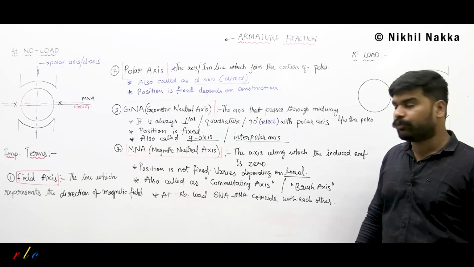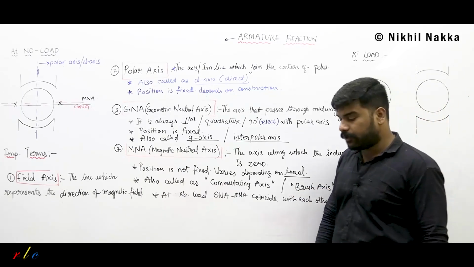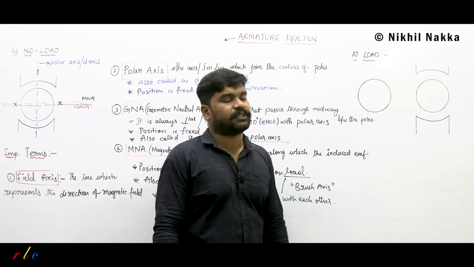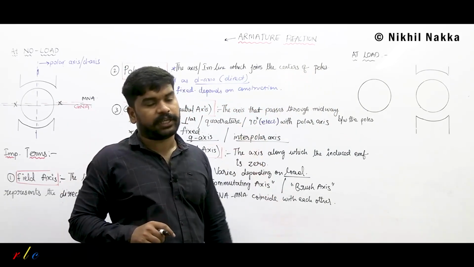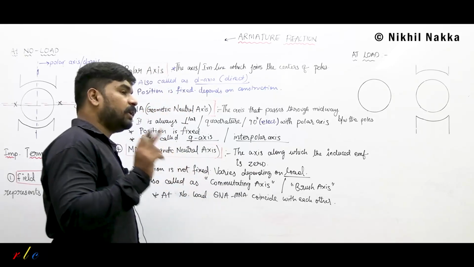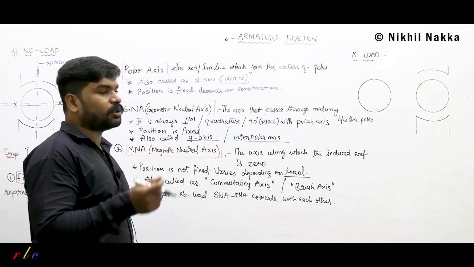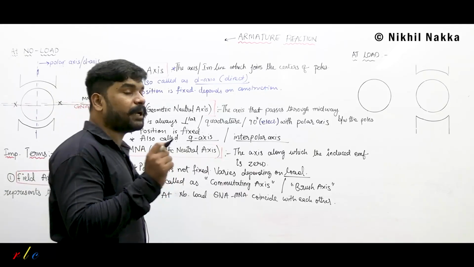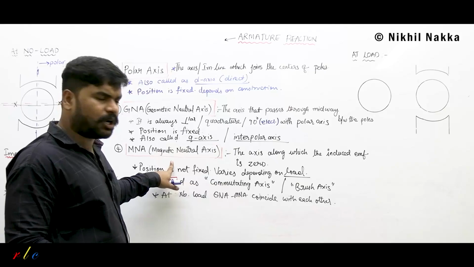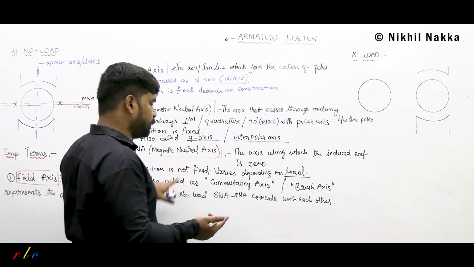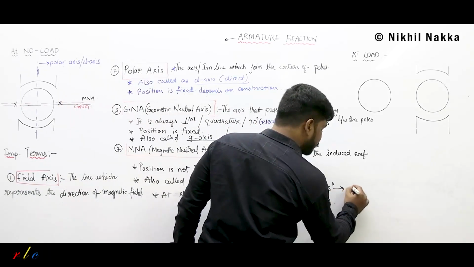But practically, do we do this? No, practically we don't do this. Even though the MNA shifts on loading, the brush position is not changed. It is always placed along the GNA. So it depends upon the question. If the question says ideally, brushes should be placed along the MNA axis, because at the MNA, zero EMF must be there. So this is the brush axis, ideally.